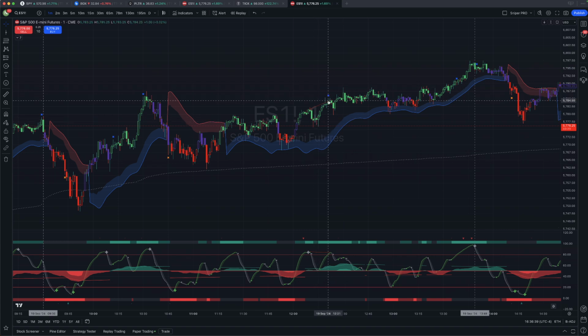And then you'll also see little X's, both to the upside and to the downside, and those are exit indicators. So they can tell you when a good time to potentially exit that trade is, and keep you profitable.